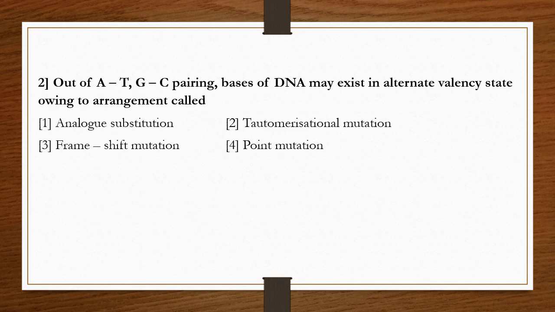Out of A, T, G, C, adenine, thymine, guanine, cytosine pairing. So we all very well know these nucleotides. A always pairs with T, G always pairs with C. Bases of DNA may exist in alternate valency state owing to arrangement called.